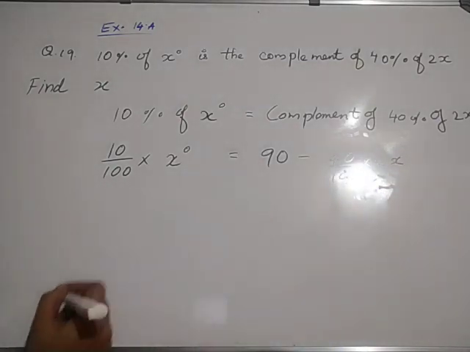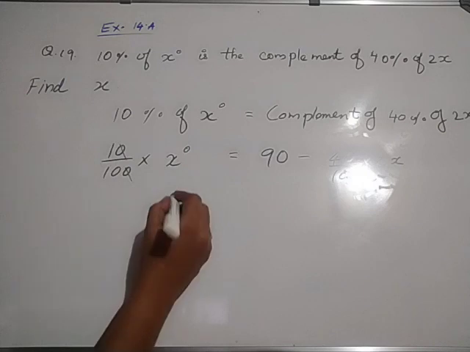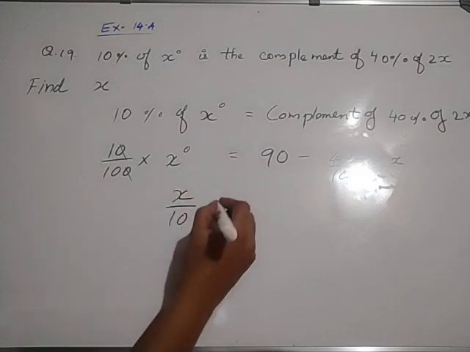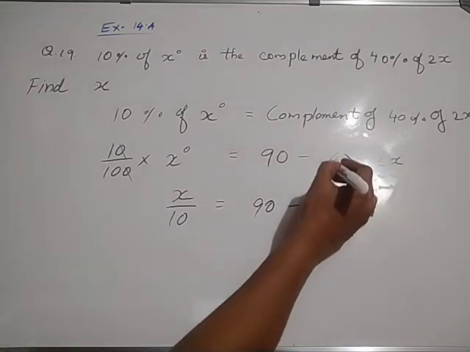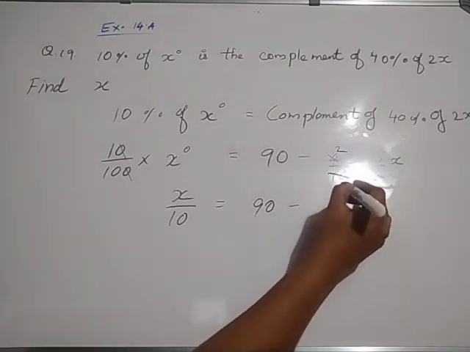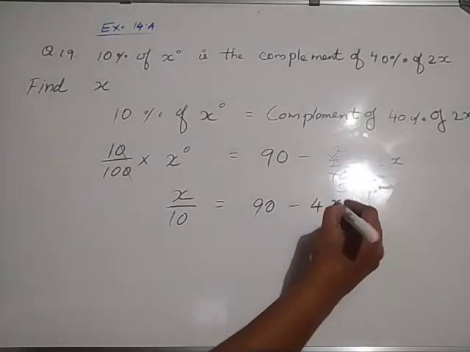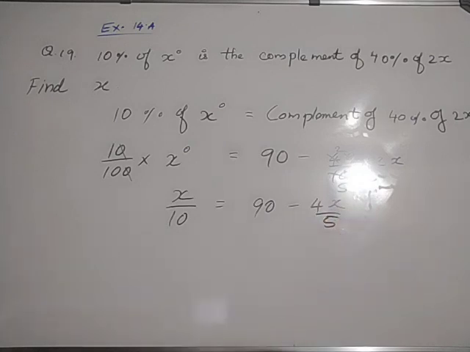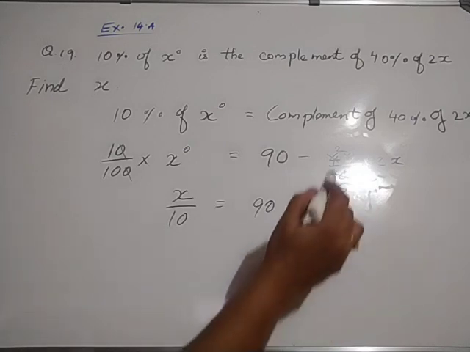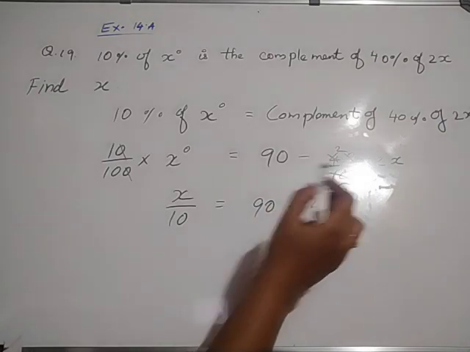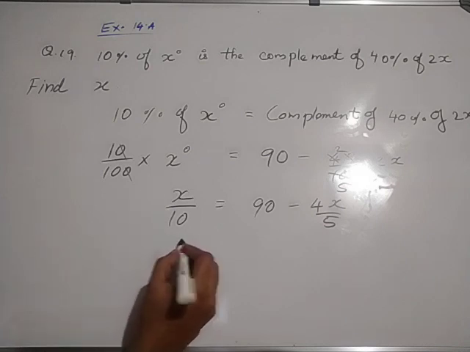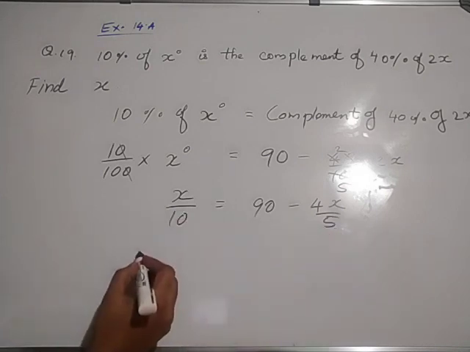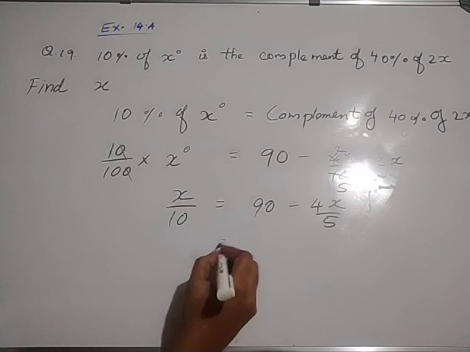It's a complement. Okay. Now x by 10 is equal to 90 minus 4x by 5. We can cancel out 0 and 0. 4 and 10, 2 2s are 4 and 5 2s are 10. So 4 by 5 x. Now we can write this 4x by 5 to the left side and 90 on the right side itself.